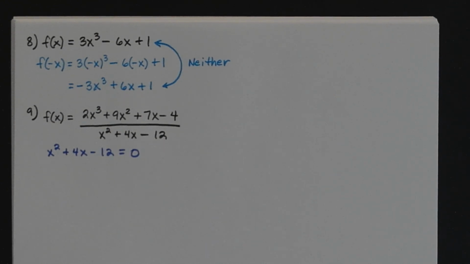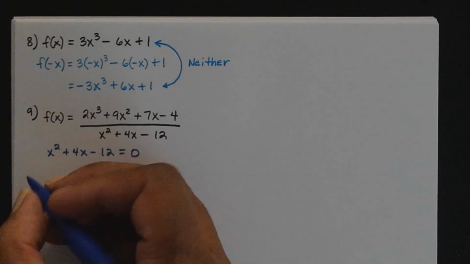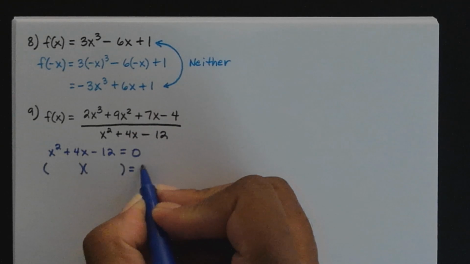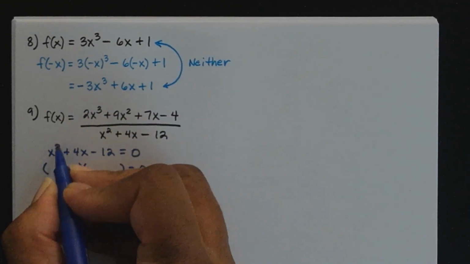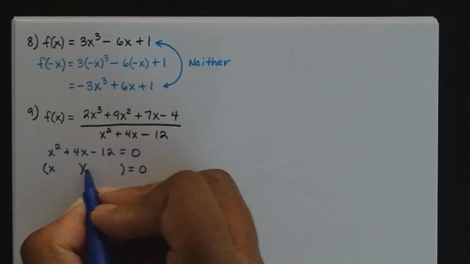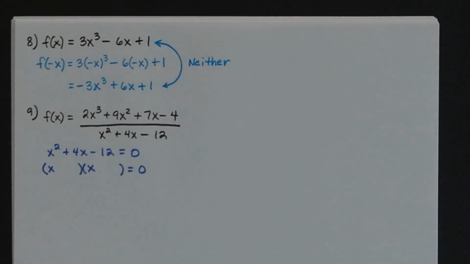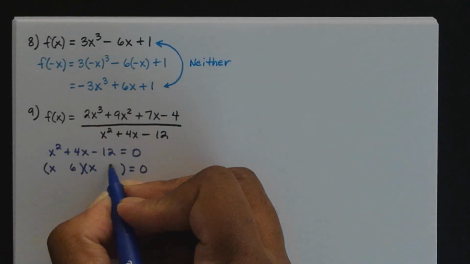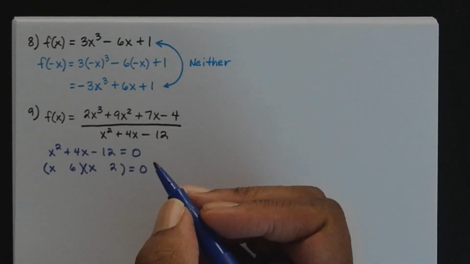And notice I have a quadratic equation here. So here I'm going to factor the left side into two binomials. Let's see if we can. x squared breaks up as x, and I need factors of negative 12 that will give me 4x as a middle term. I already know what this is. This is going to be 6 and 2.